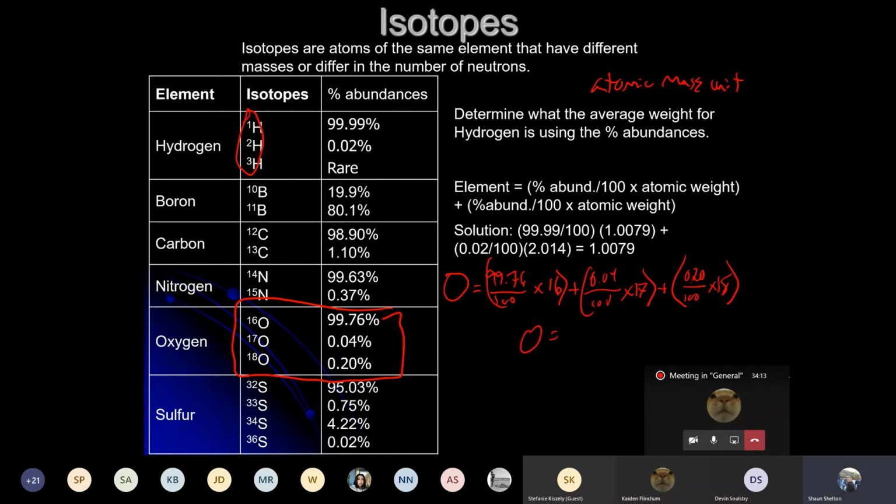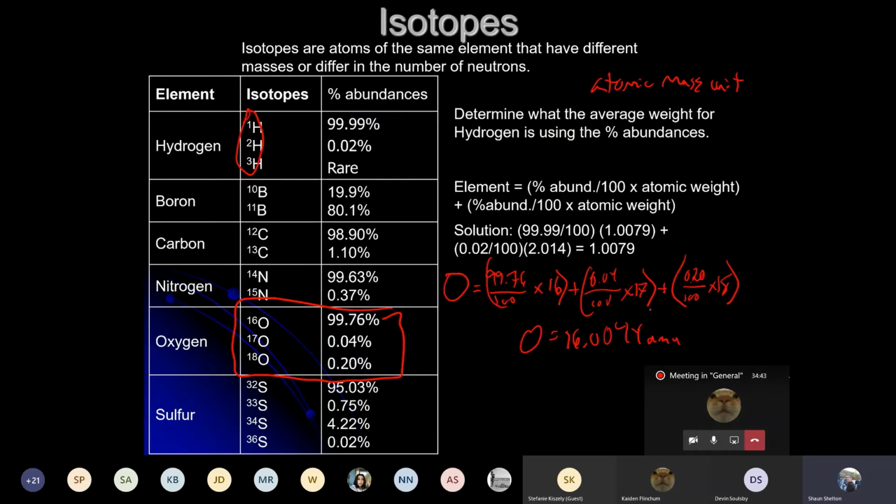So I'm going to do that right fast. So when I plug this in, I get 16.0044 AMU.